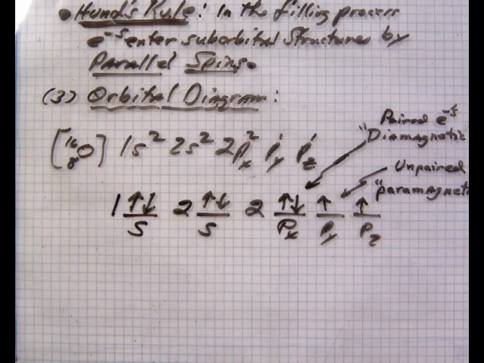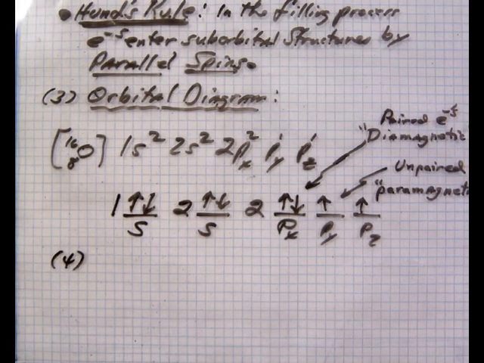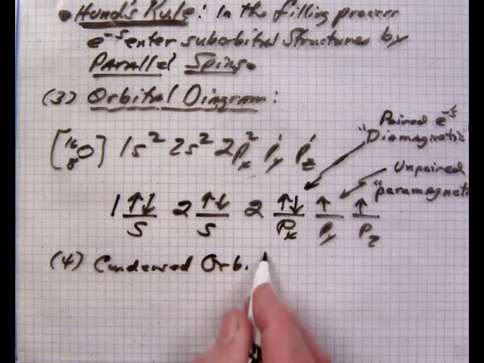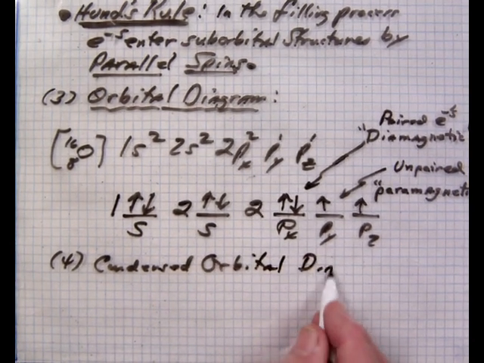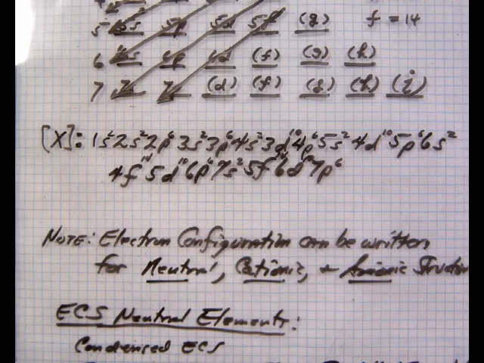Now there's one other form of writing electron configurations, and then we'll take a break. It's a condensed orbital diagram. If you're working over here in the heavy transitions around platinum, gold, silver, that's quite a few little 1s, 2s, P's, and D's, and F's, and you just get a big string of things.